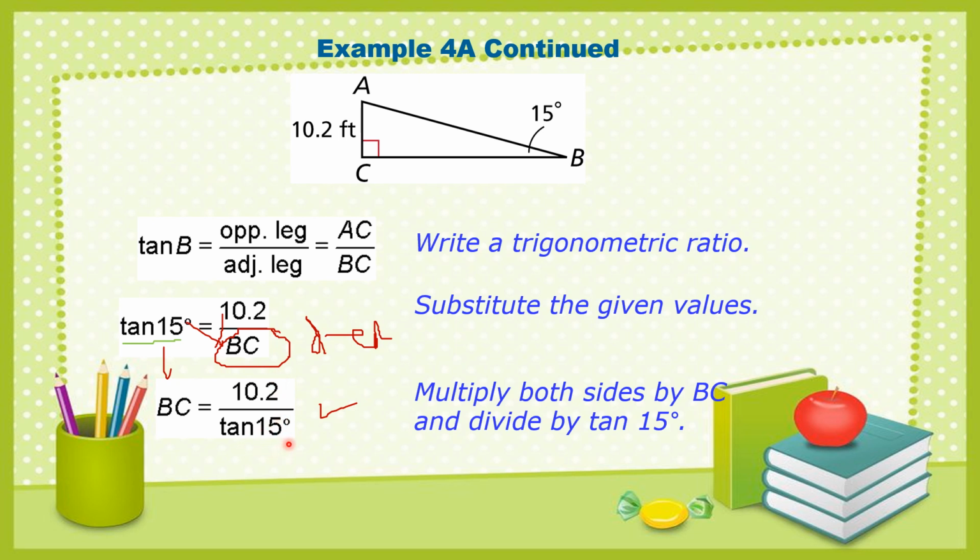In your scientific calculator, just click 10.2, then divide, then tan 15. So the answer you should get, to simplify this one, is segment BC equals 38.07 feet.